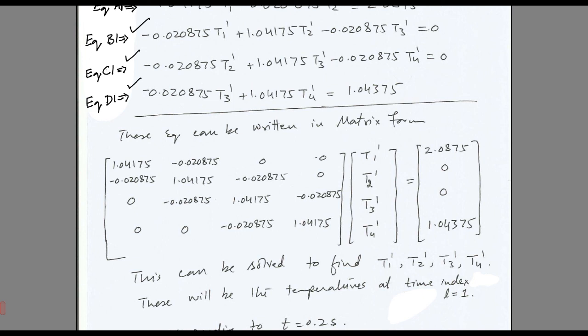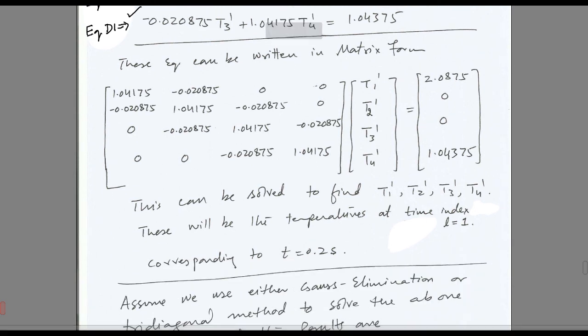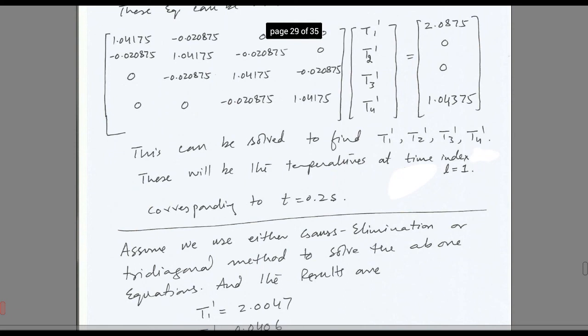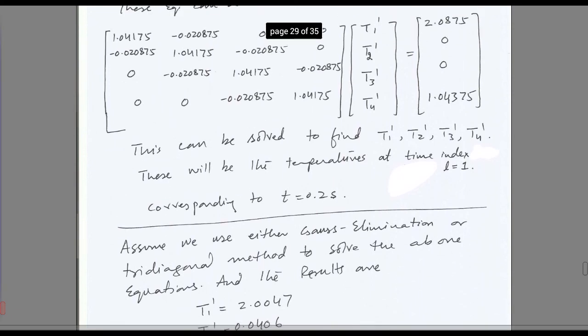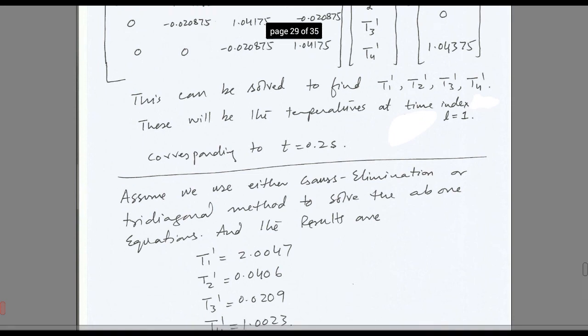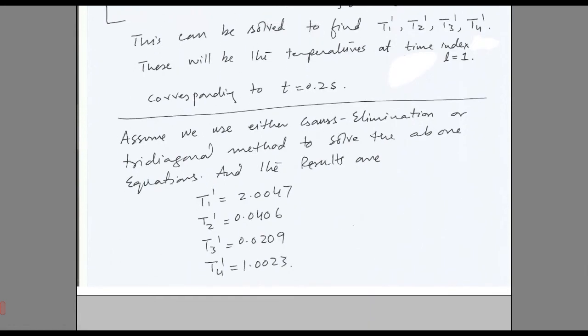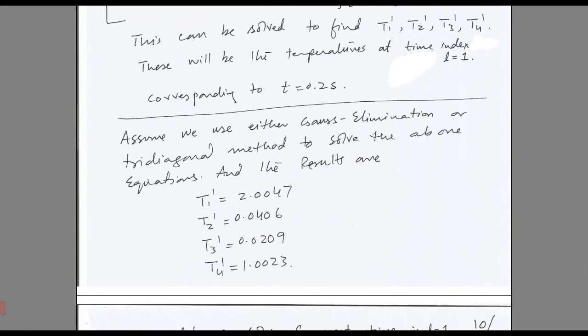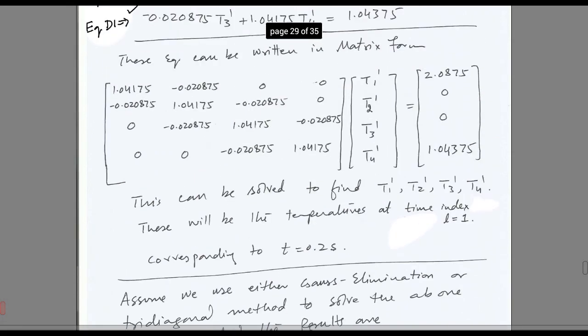These are the temperatures at l plus 1. Once we solve them, they will correspond to t equals 0.2. From the book, we just write it as a reference, that we will get these values when we solve this system of algebraic equations.